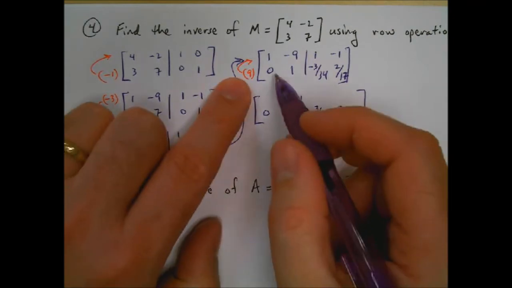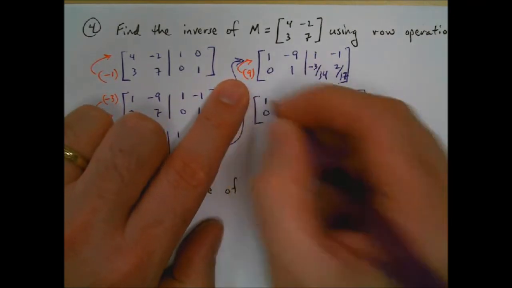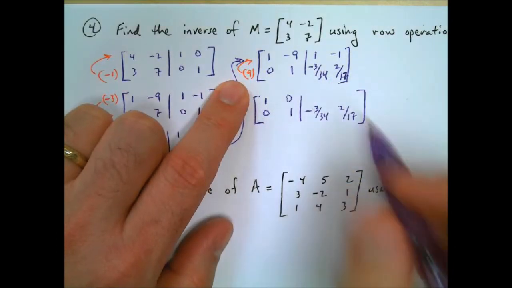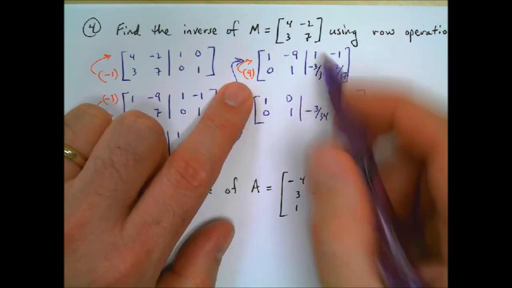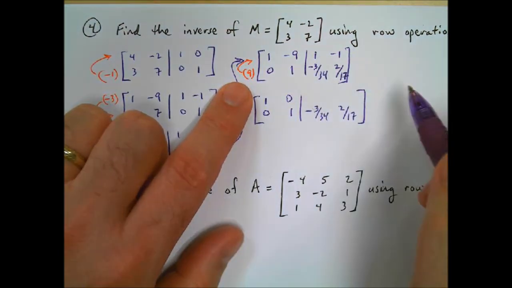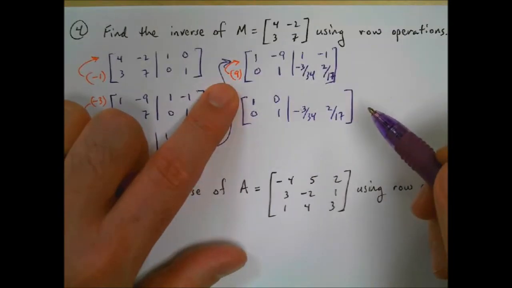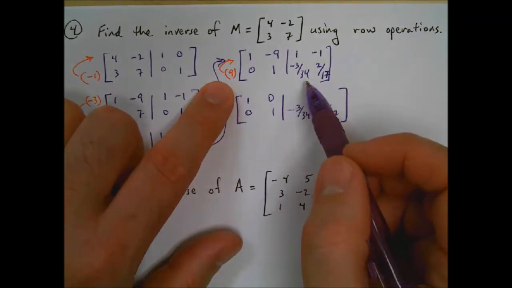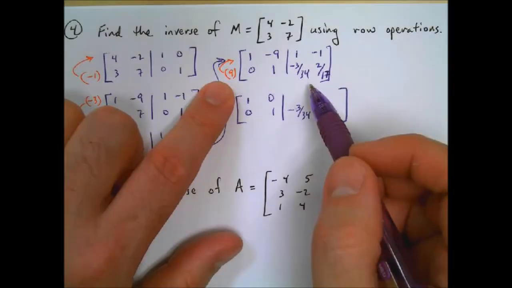Okay, so the top row, we get 0 plus 1, 9 plus -9. Okay, that's the easy part. We get -27/34 plus 1. Now, you might need to have a little bit of scratch paper going somewhere, but you might be able to just do it in your head, but make sure you do it correctly.